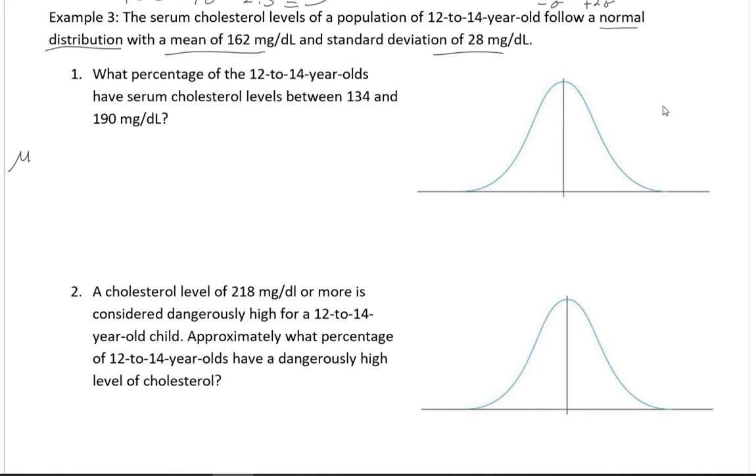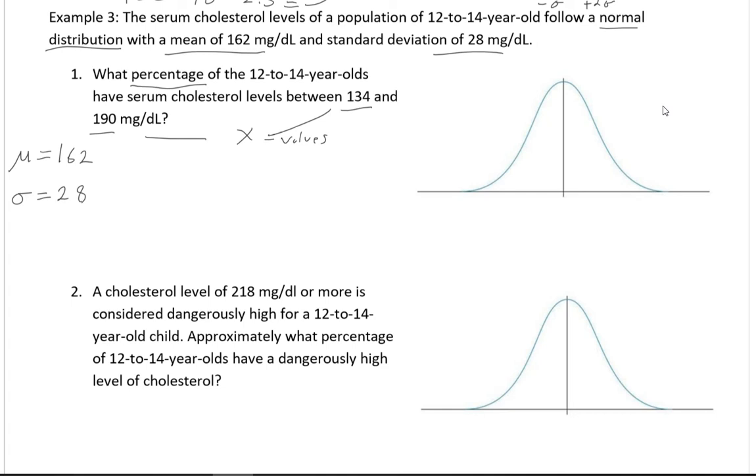So I'm going to write those over here. Mean of 162 and a standard deviation of 28. What percentage, so that means we're trying to find area, what percentage of the 12 to 14-year-olds have serum cholesterol levels between 134 and 190? So those are going to be my x values, the values that I put on the x-axis.